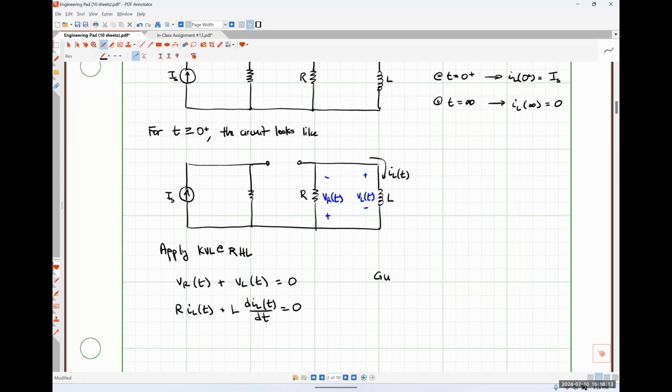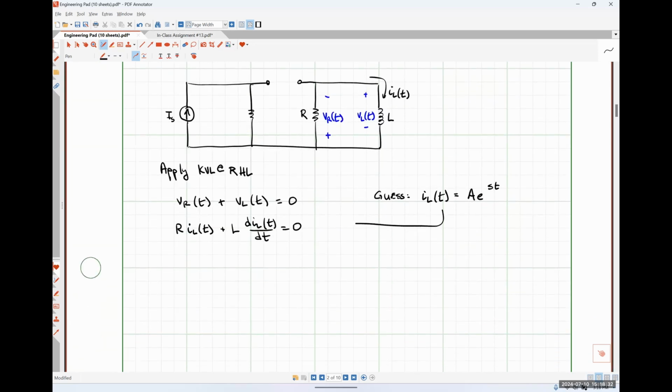So if we guess that IL of t is an exponential A e to the S t, my apologies.